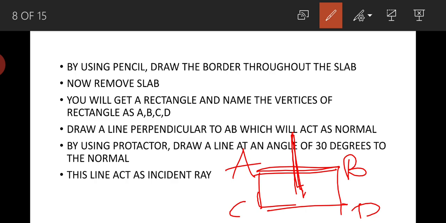Next, by using a protractor, draw a line at an angle of 30 degrees to the normal. This line will act as the incident ray.